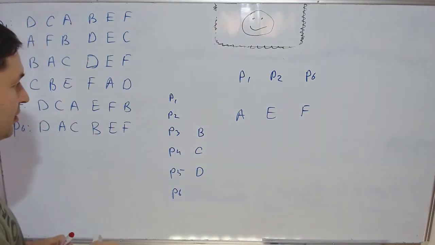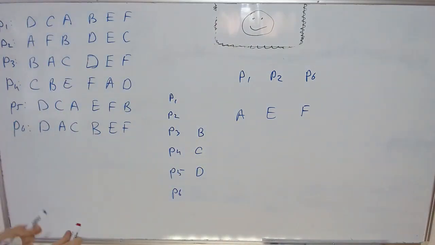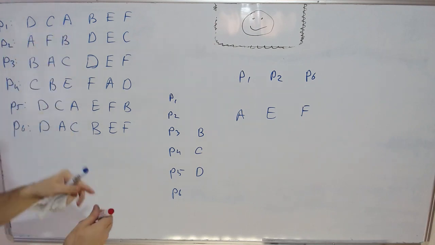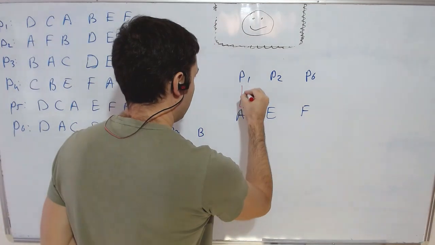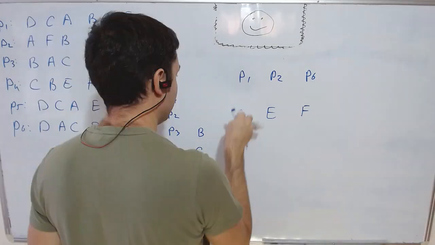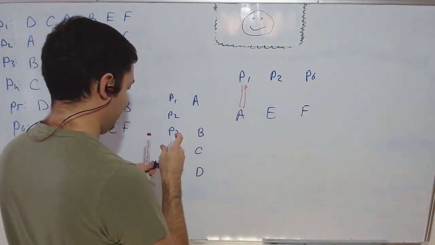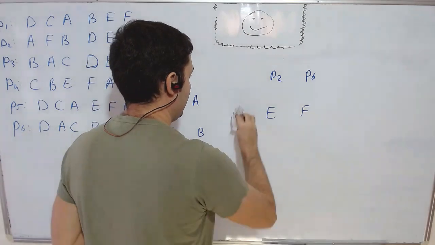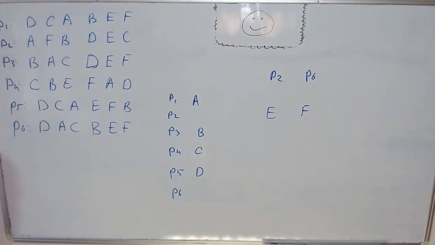And we start again. So P1 points to a house that's still available, not D or C, so you point to A, and A points back to you. So we know that we just identified a cycle, and we assign P1 to A. Consider an even smaller problem.